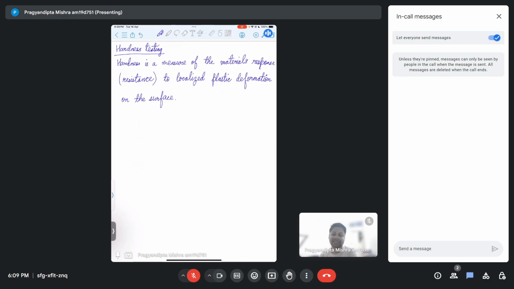So now that we understand what hardness is, how do we measure it? Essentially, we are trying to plastically deform the material at the surface level. So what are the different ways we can do that? That will lead to the types of hardness tests.